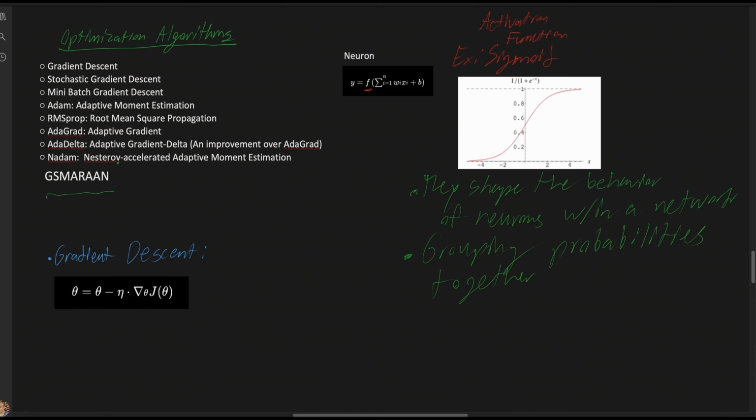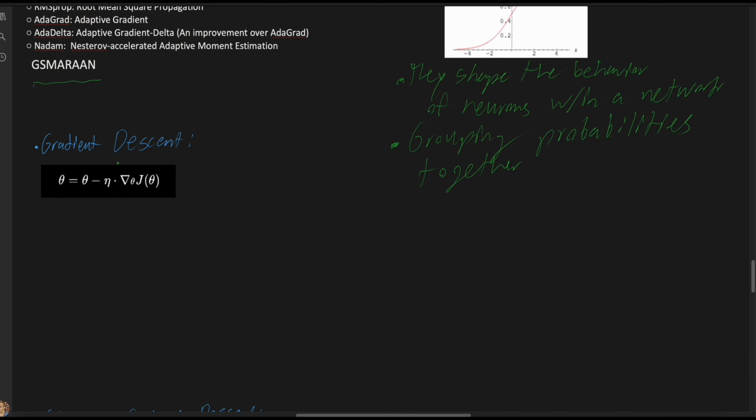Now, to go over and understand further in depth, gradient descent is a first-order iterative optimization algorithm used to find the local minimum of a differentiable function. The idea is to take small proportional steps in the direction of the negative gradient, the steepest descent, of the objective function with respect to the model parameters.